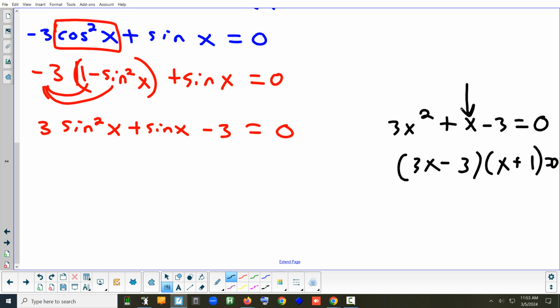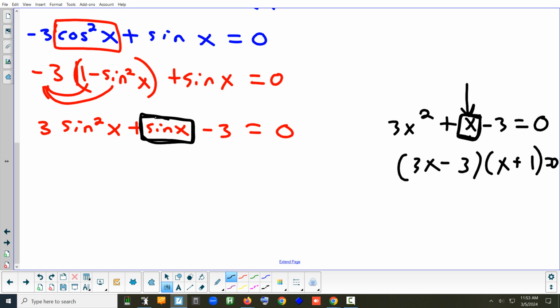It gives you the answer to whatever is sitting right in the middle, which normally when you do a quadratic, it's an X. When we do quadratic formula on this one, it's going to give us the answer to what's sitting in the middle. So the idea is here, you take your answers to the quadratic formula and you set them equal to X, and you're done. Here, you take your answers to the quadratic formula and you set them equal to sine X.